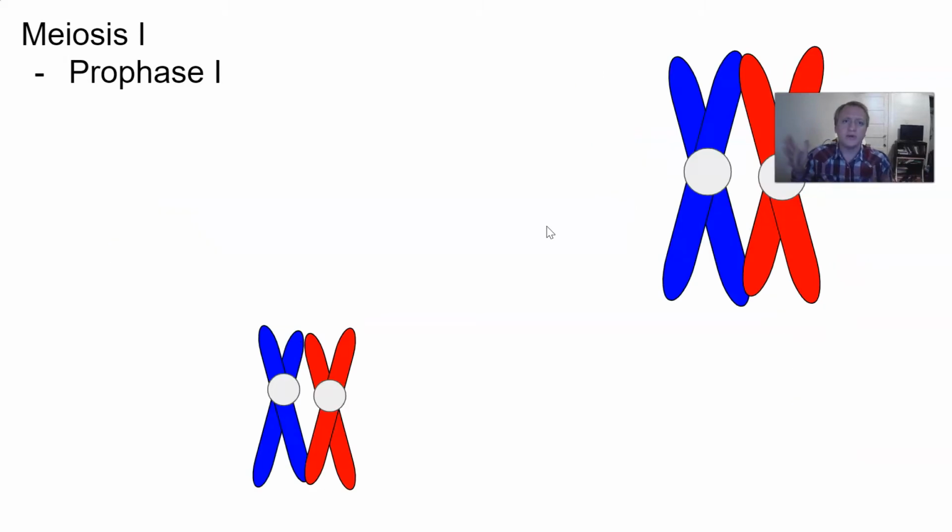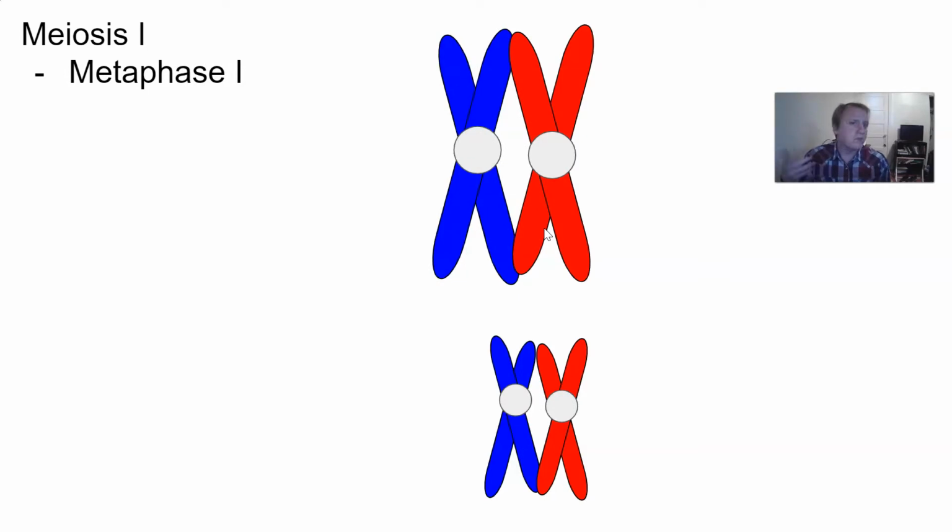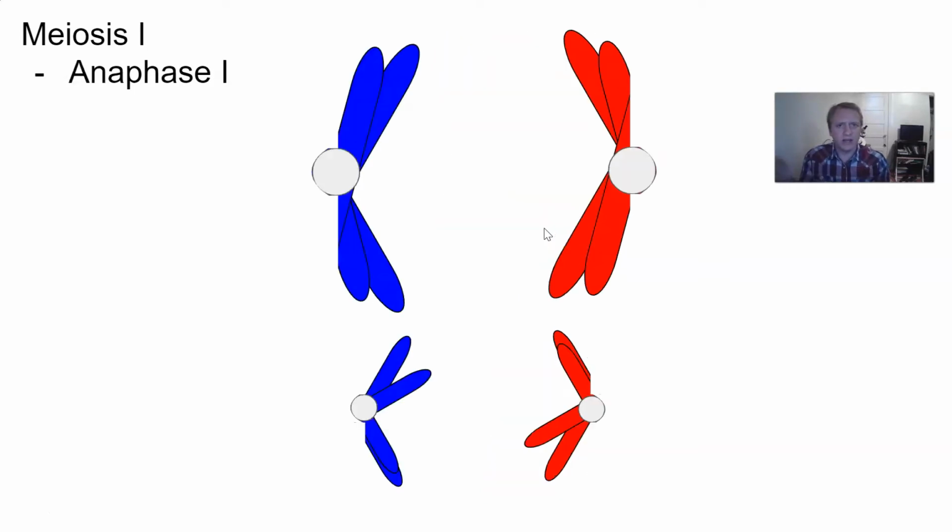And then during prophase, those segments of DNA are going to condense into the chromosomes that we all know and love. And the homologous chromosomes are going to associate with one another. This is also where crossing over can happen. I'm not going to show that here, but crossing over can happen here. Metaphase 1, these chromosomes line up.